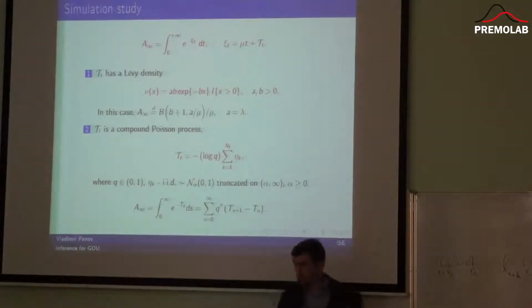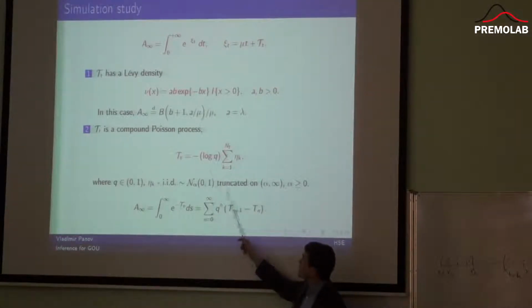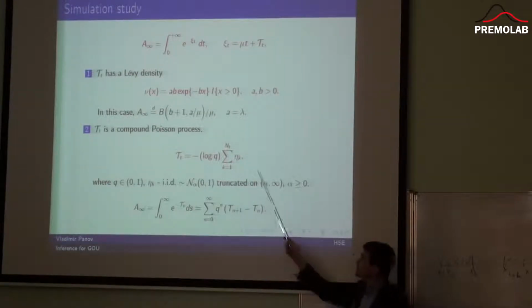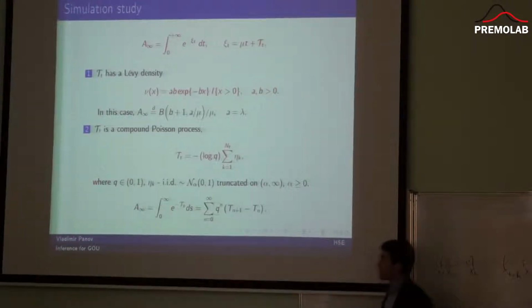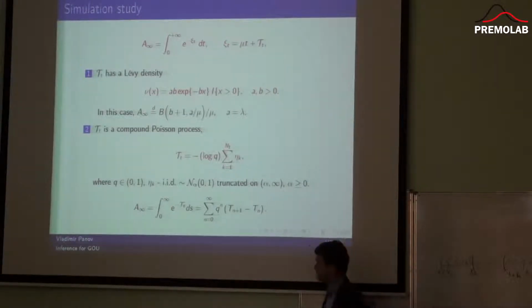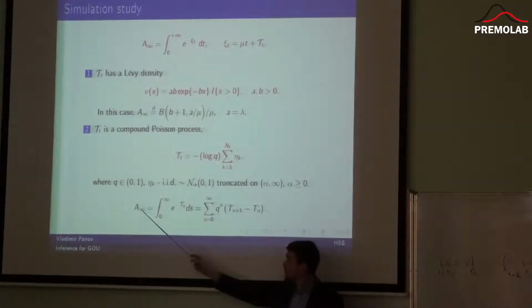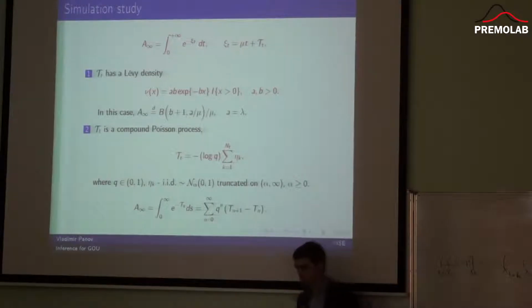And in the second case, the pure jump component is a compound Poisson process where the distribution of any eta k is a truncated normal distribution. It can be easily shown that the exponential functional in this case can be decomposed in such a series.